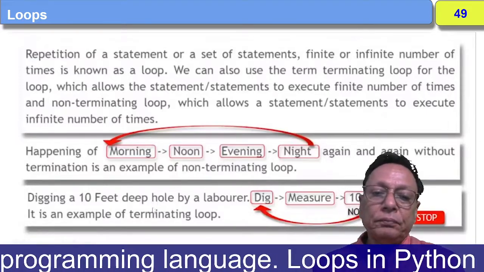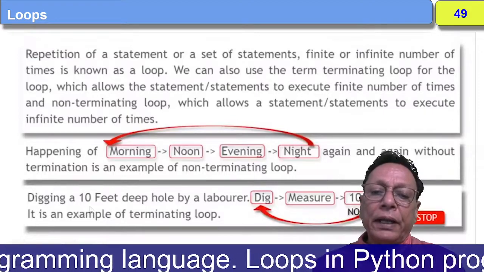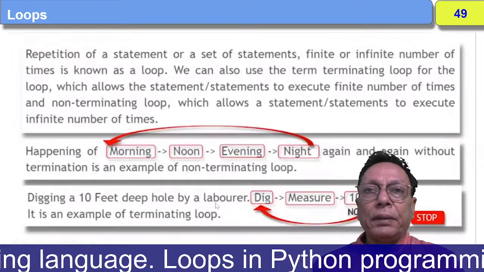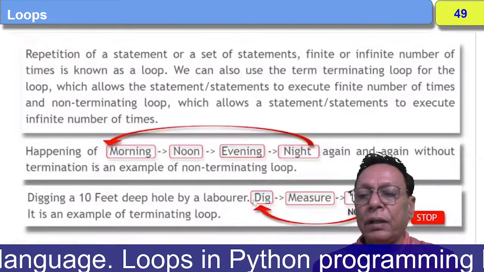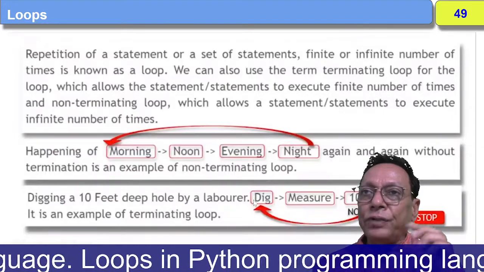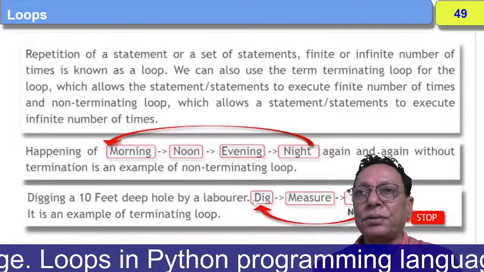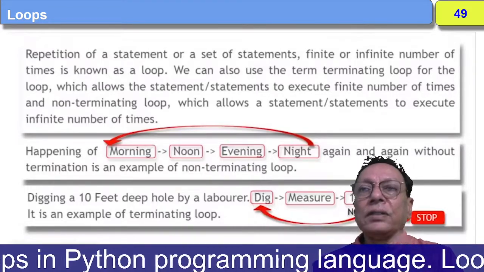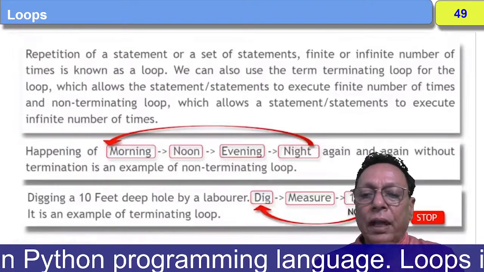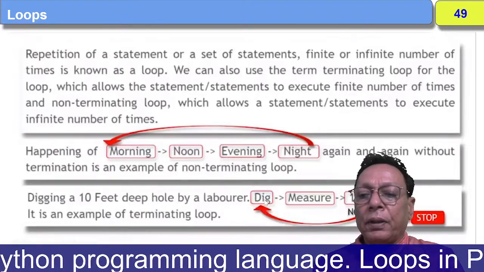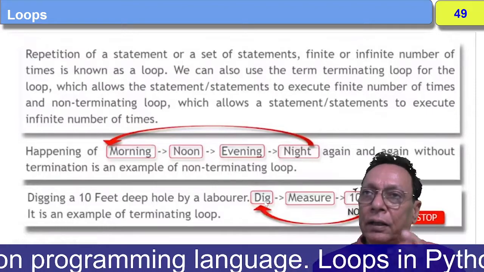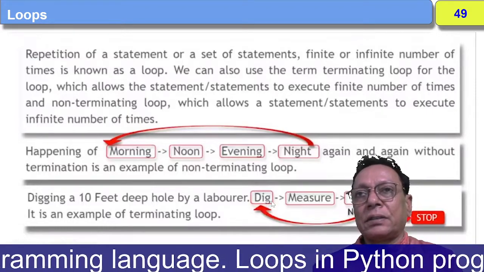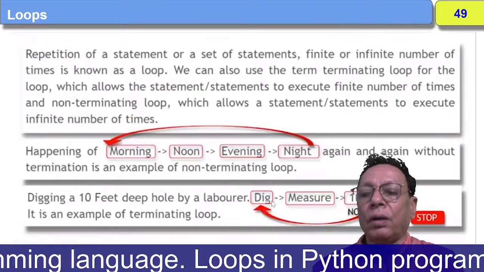Second example, digging a 10 feet deep hole by a laborer. So first dig, because you have to dig 10 feet. Laborer has to dig a hole 10 feet long, and that is why first it digs, then it measures whether it is 10 feet long or not.